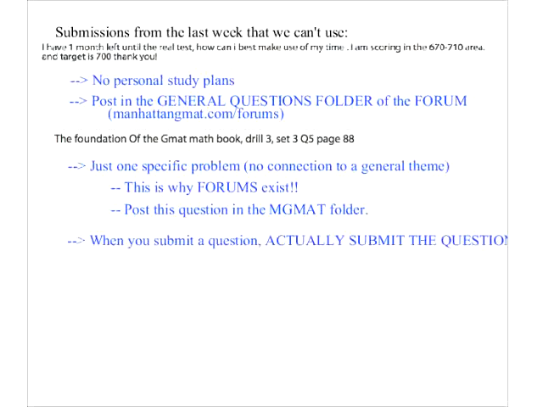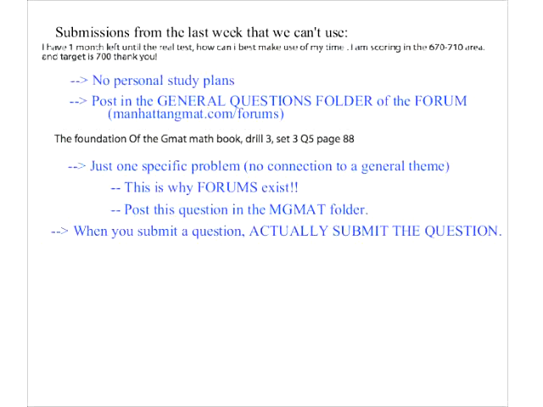You can't just say page number, problem number, because when we make these study halls, we're not always somewhere where we have the books available. So please type the question. And then if you have a specific question, you have to connect it to a general theme.